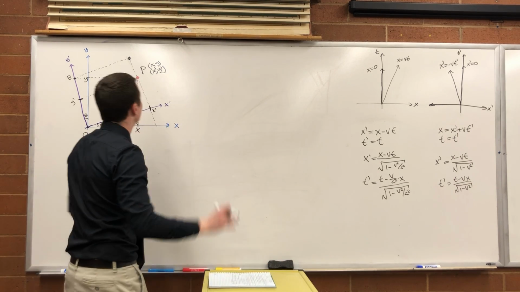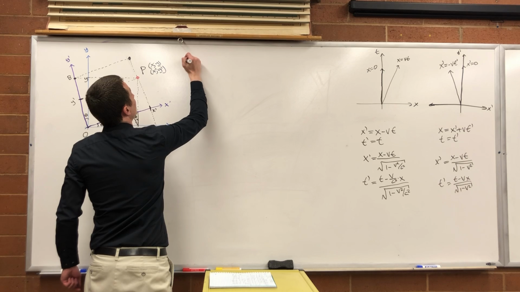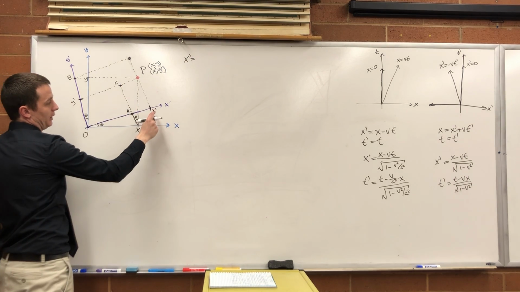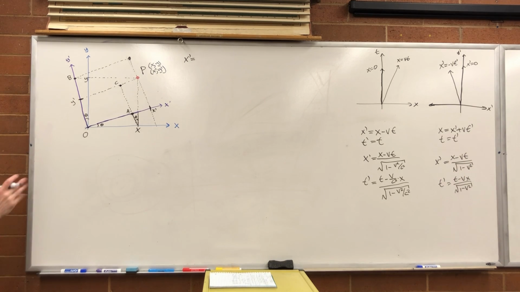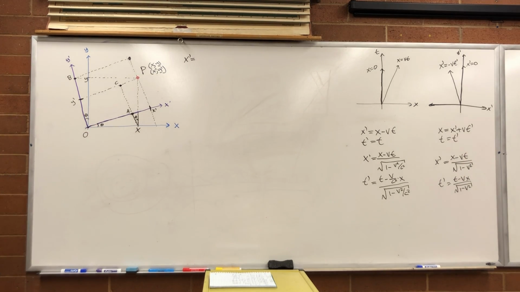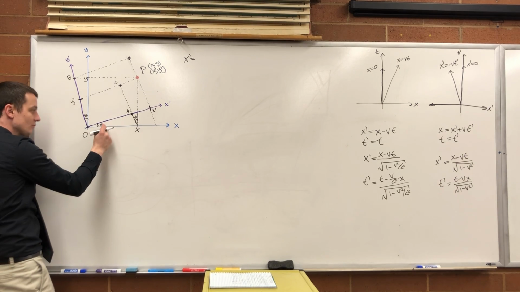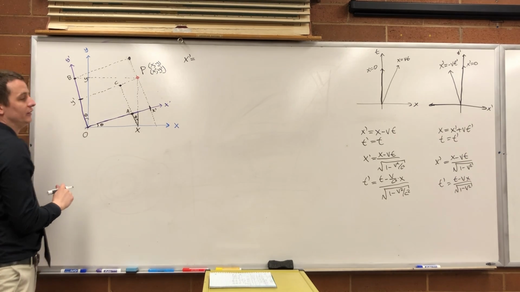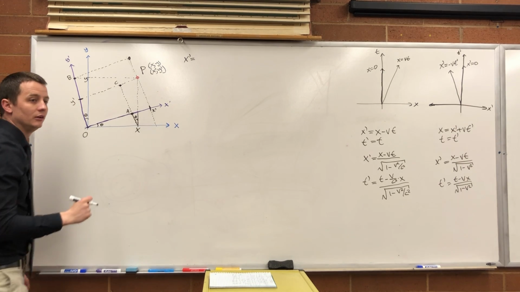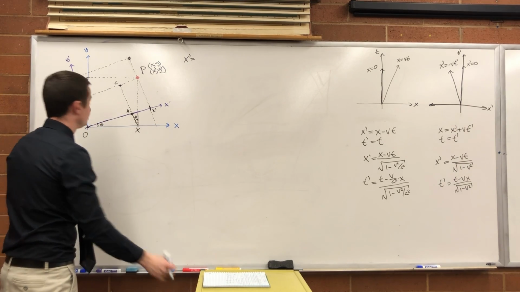You know x, you know how much I'm rotated, theta. Your job now is to find x prime. And this theta in this scenario is going to act a lot like velocity does in our scenario.